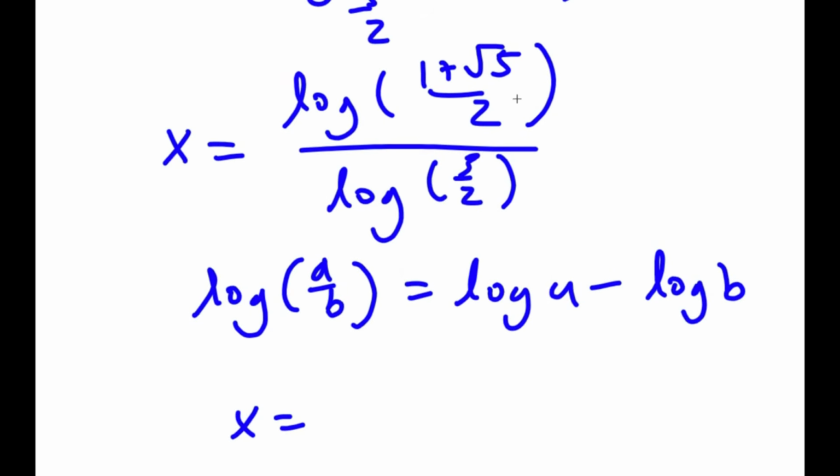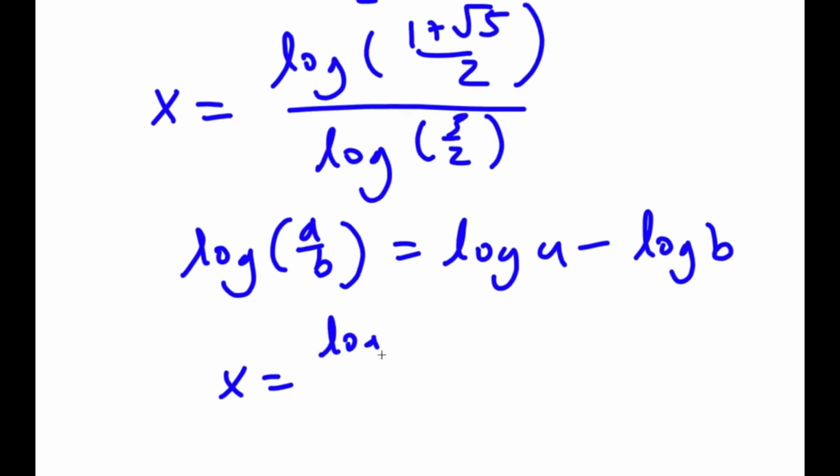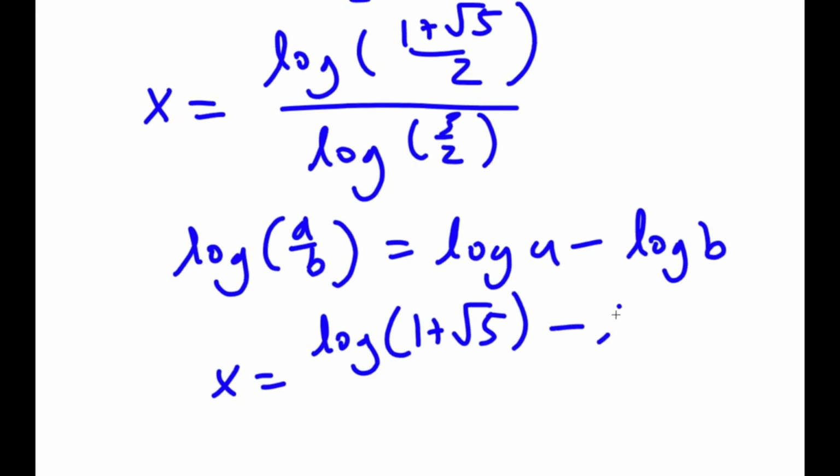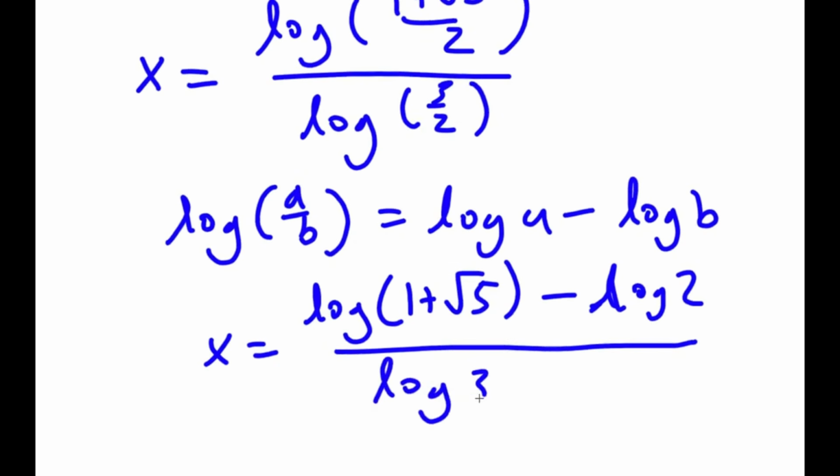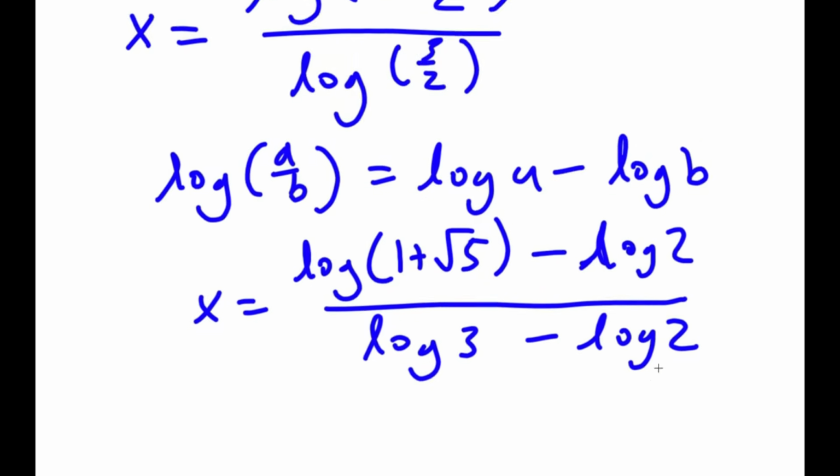Meaning log of 1 plus square root of 5 over 2 is going to equal log of 1 plus square root of 5 minus log 2, and log of 3 over 2 is going to equal log 3 minus log 2.